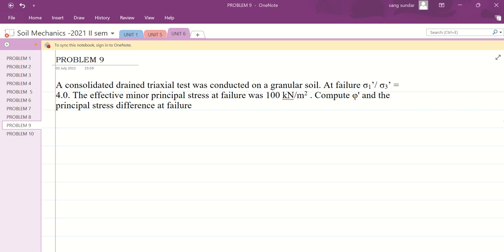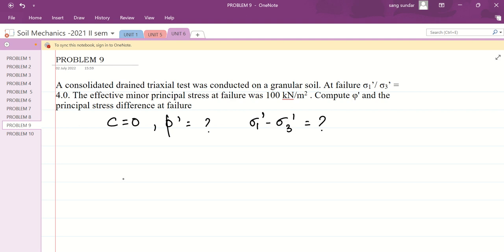In this question, a triaxial test has been performed on a granular soil. The moment the soil has been reported as granular soil, C is equal to 0. Then they are asking us to calculate the friction angle at effective stress condition and the difference between sigma 1 dash and sigma 3 dash.